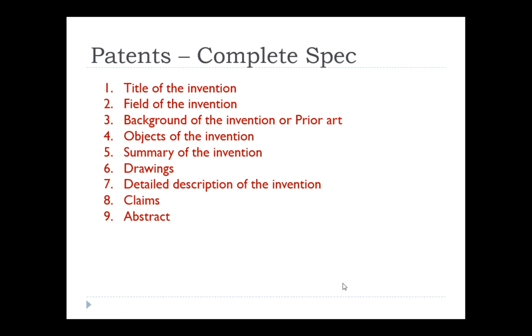We cannot claim anything that you have not described. If you have not described it in the detailed description, we don't have any right to claim it in the claims part. Please be clear. That is why it is called a detailed description. Your invention can be expressed as detailed as you can.